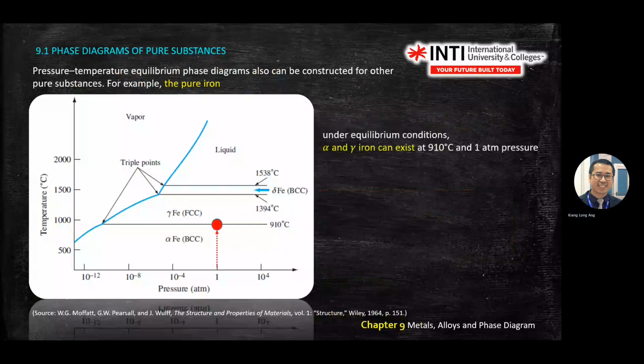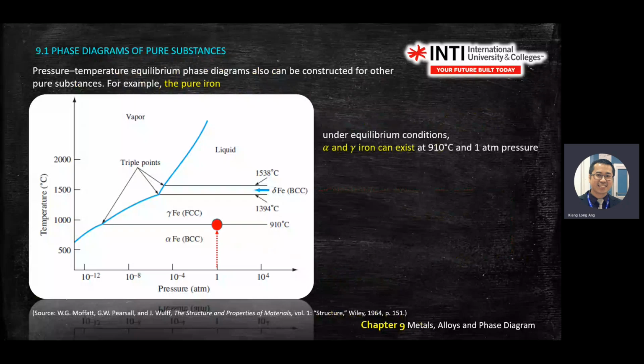Here, this line is the equilibrium line. At the equilibrium line, both phases exist on the left and right of it. If you stand on this line at 1 atmosphere, you will get gamma and alpha solid iron.